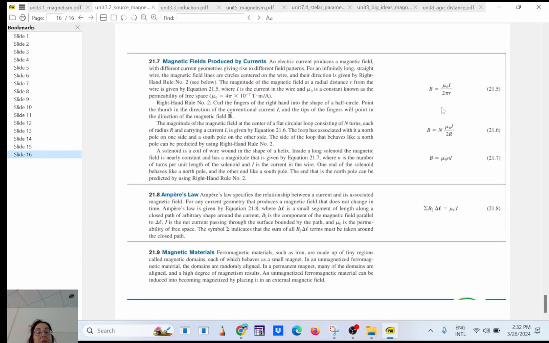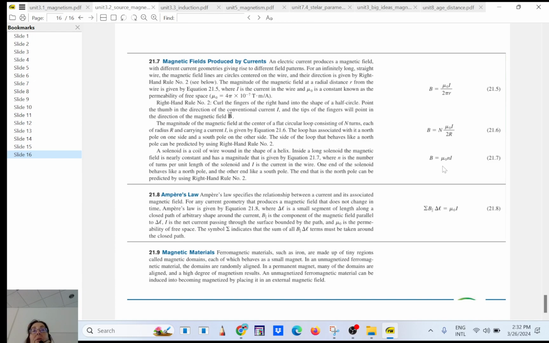Okay, and so here you have the set of equations. So you're going to use this one. That will be the magnetic field produced by a straight wire. That will be the magnetic field produced by one loop, two loops, or three loops.